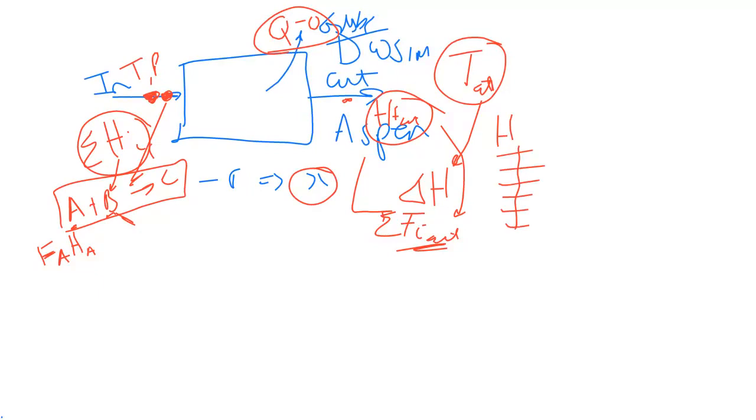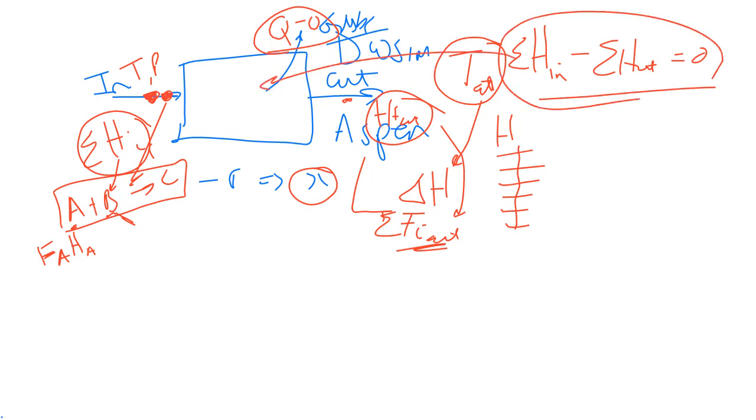It is going to use the sum of all H's in minus the sum of all H's out, which must then be equal to 0. This is the kind of energy balance that you will get from Aspen.